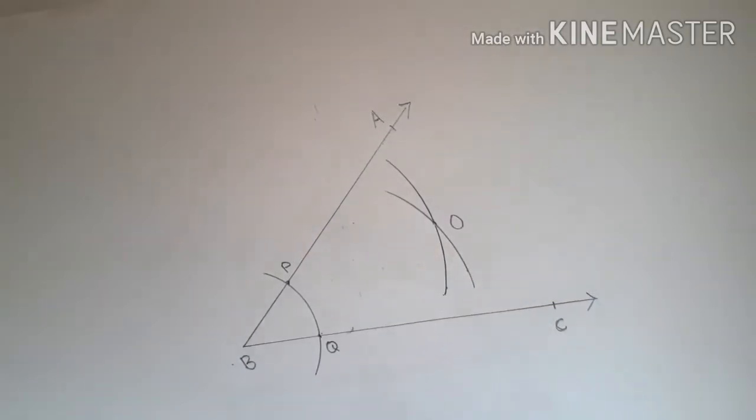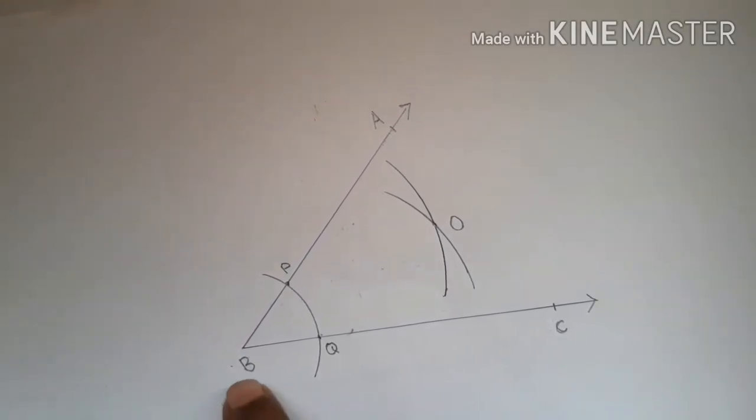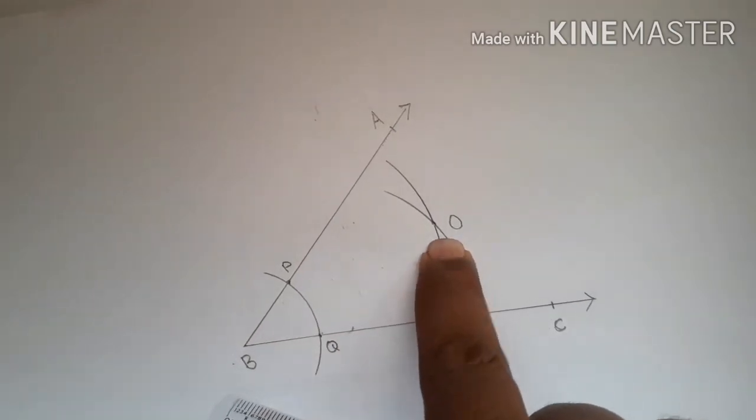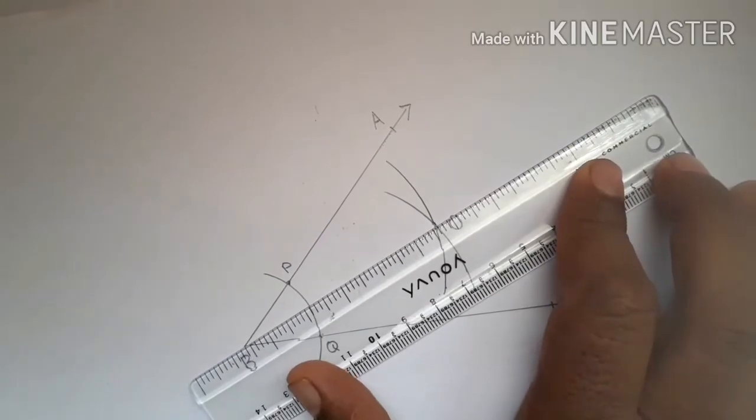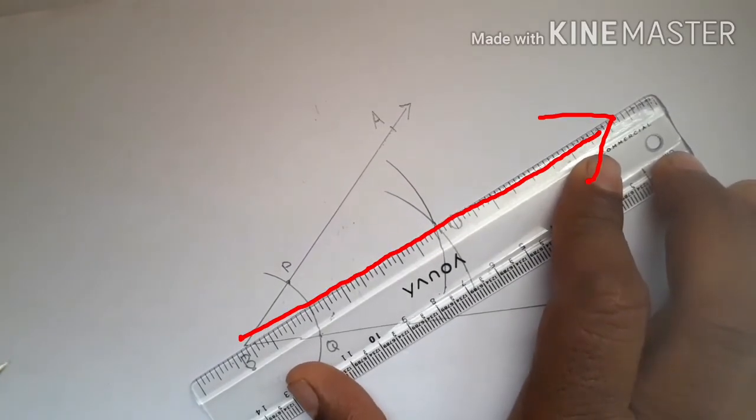Okay. Now next we have to join this vertex of the angle, B, and this point of intersection O, and we have to draw a ray.